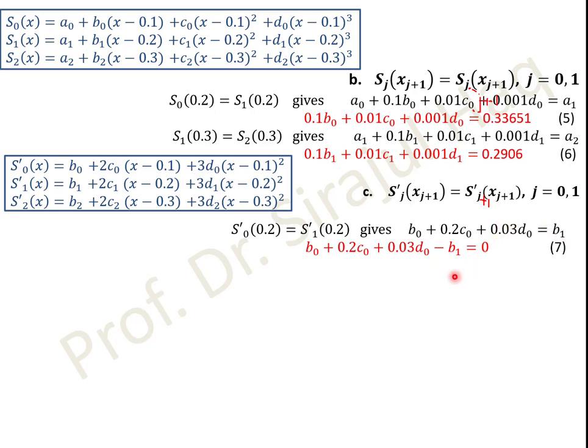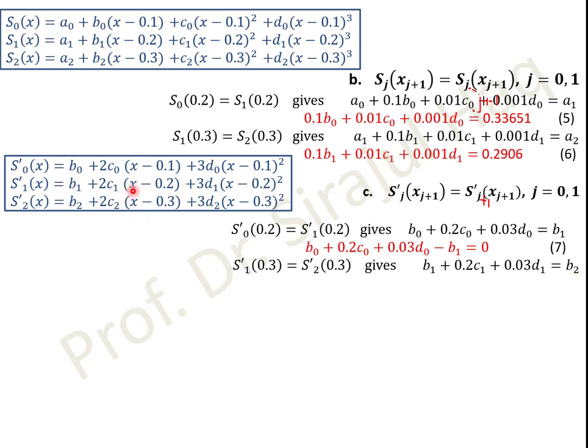Let's come to the second common point, which is 0.3. When j is equal to 1, this is S1, this is S2, and this will become x2, and x2 is equal to 0.3. So it coincides according to this condition. When you replace x is equal to 0.3, this portion will become 0 and we will be left with b2, which appears on the right hand side.